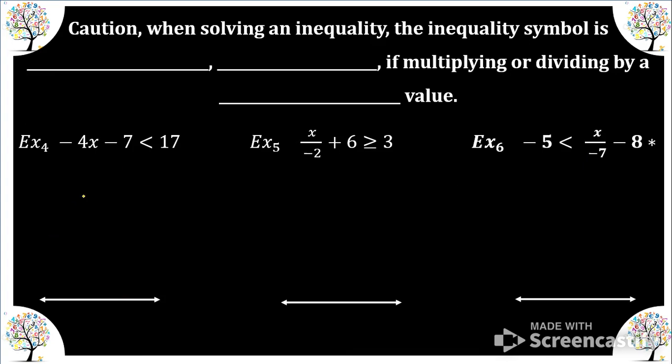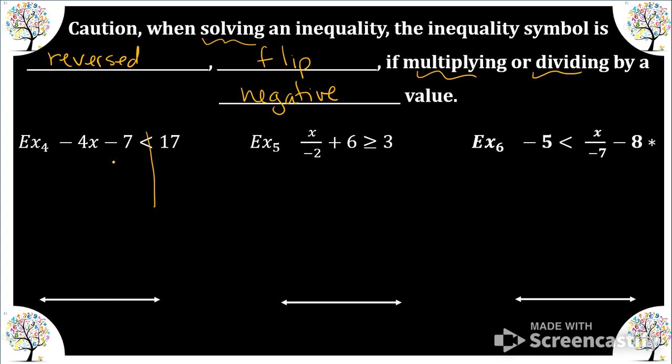So here's another caution. When you're solving an inequality, the inequality symbol is reversed or flipped if we multiply or divide by a negative value. So this is when we're solving. So let's solve number 4. We're going to add 7 to both sides.